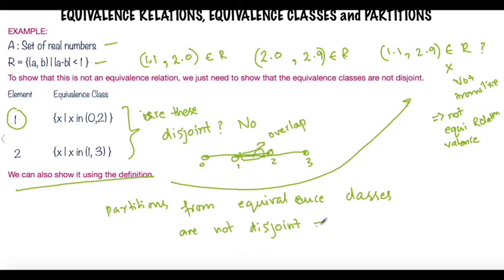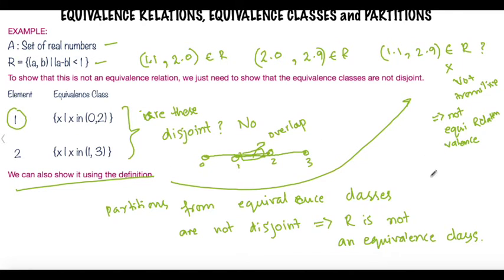So this means that R is not an equivalence relation. So this is basically another method to check whether a relation R satisfies the transitivity, reflexivity and symmetry properties simultaneously, or in technical terms, whether R is an equivalence relation or not. So this was a brief overview of equivalence relations, their classes, and the partitions they form.